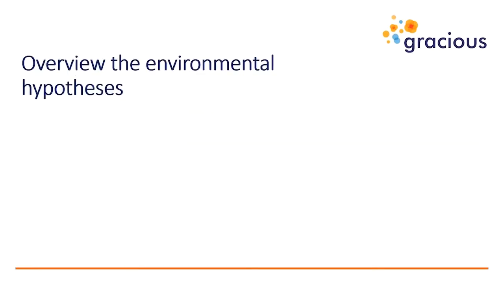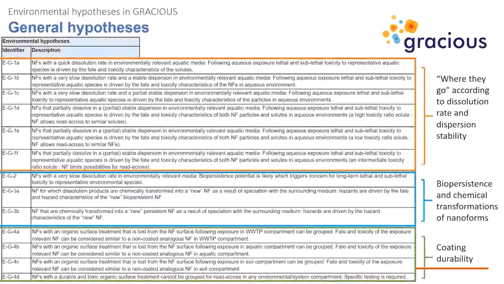Now I'm going to give you a brief overview of the environmental hypotheses that have been developed within the Gracious project. We have a range of general hypotheses. Those highlighted in orange are hypotheses for the environmental fate of the particles, and they're based around the dissolution rate and dispersion stability of those nanomaterials and the various outcomes for grouping which arise from the combination of those two properties.